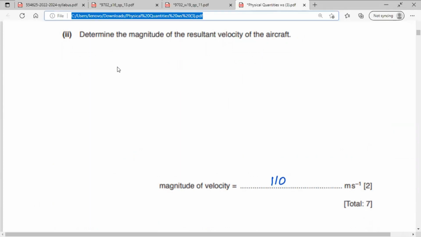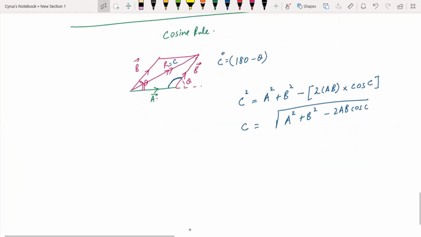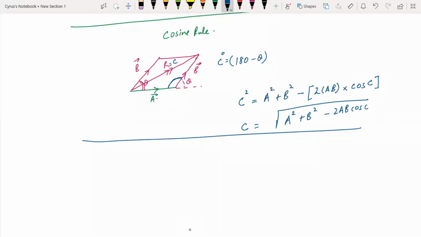राइट? And there is another method, which is the sine rule. And that is also sometimes very convenient.